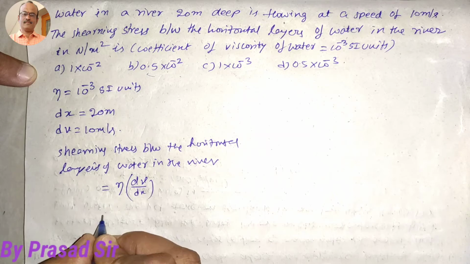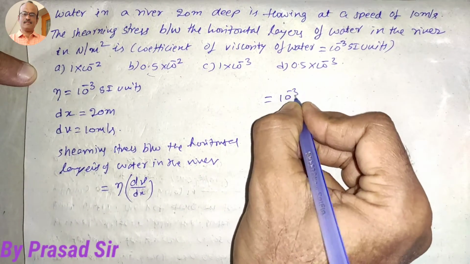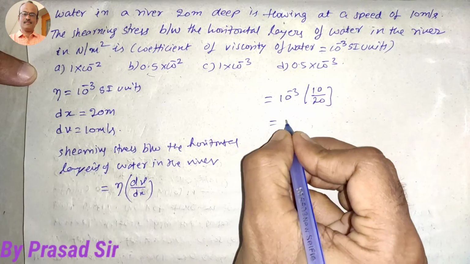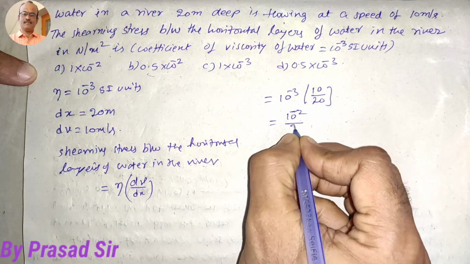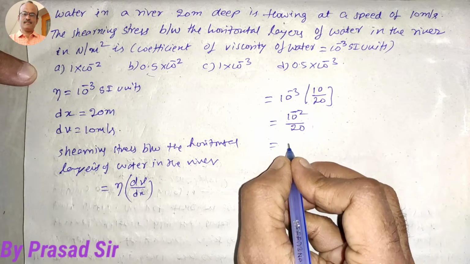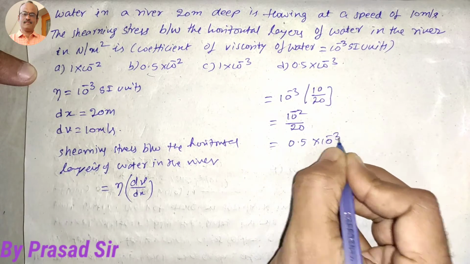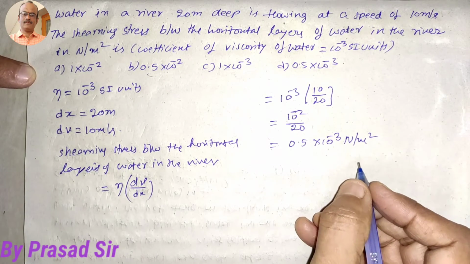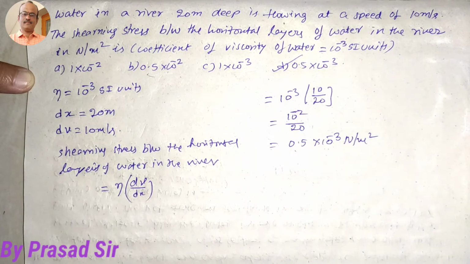So eta is 10 to the power of minus 3, into 10, divided by 20. That is 10 to the power of minus 2 divided by 20, which gives 0.5 into 10 to the power of minus 3 Newton per meter square. Which option is correct here? 0.5 into 10 to the power of minus 3. Option D is correct.